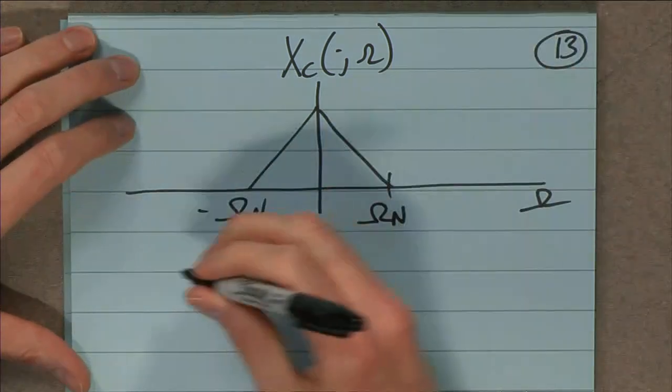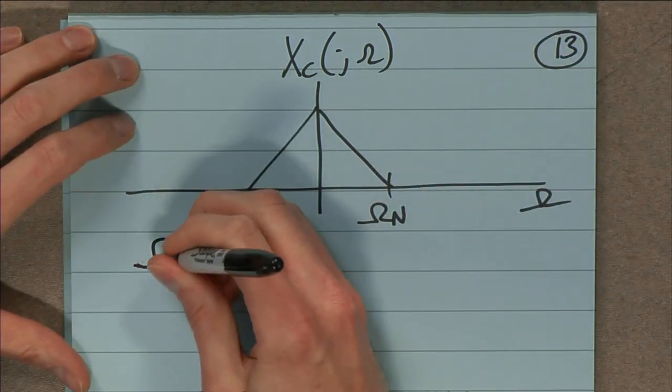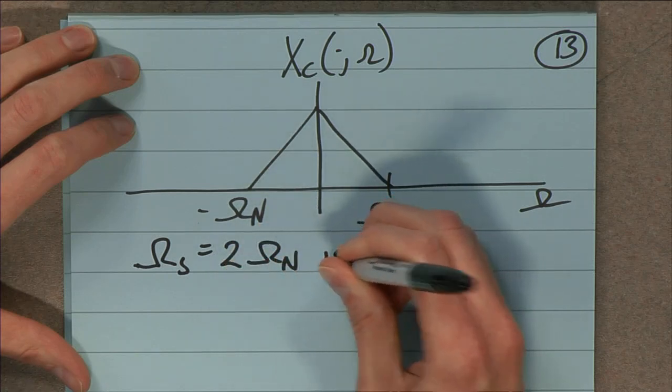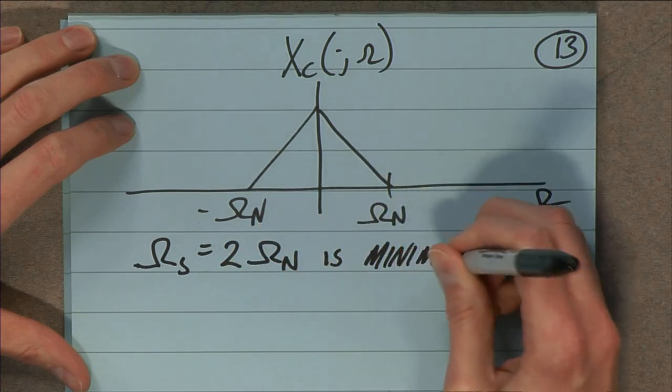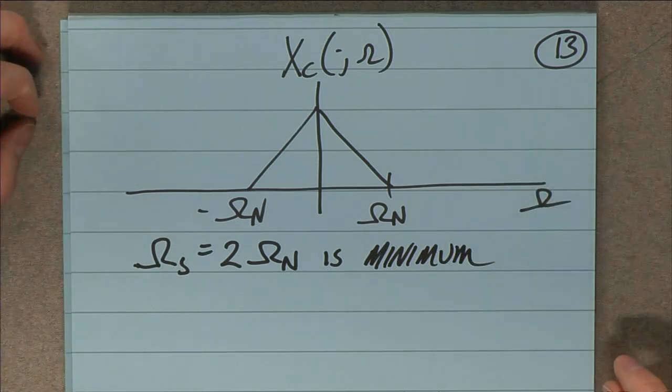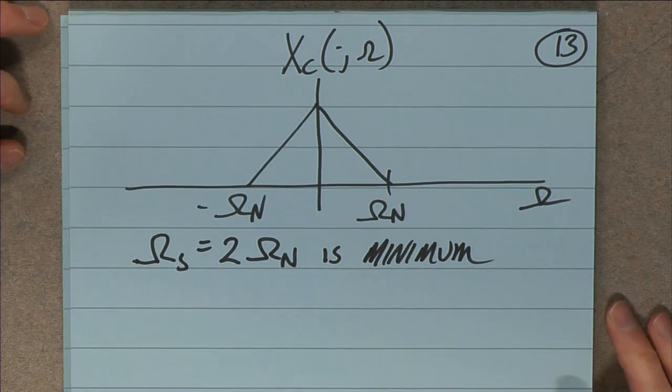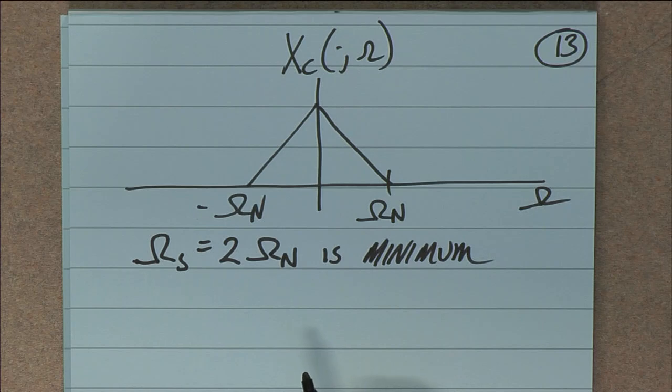Well, based on our theory, omega_s equal to 2 times omega_n is the minimum. And for this case, it really is the minimum. So what are we going to do if we don't want aliasing?